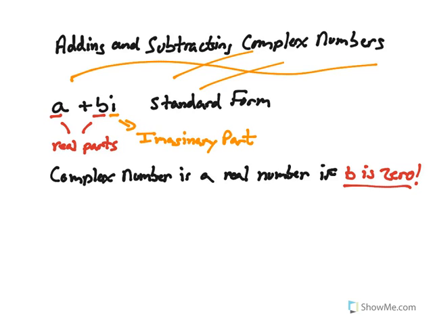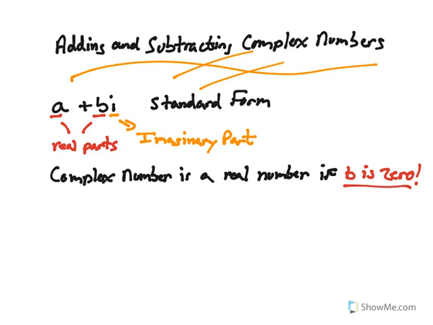So I want you to think of something really quick here, okay? So remember, the imaginary unit is i, so that's always an i, right? I told you that here, okay?